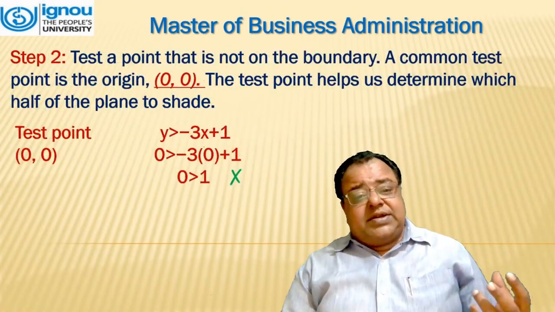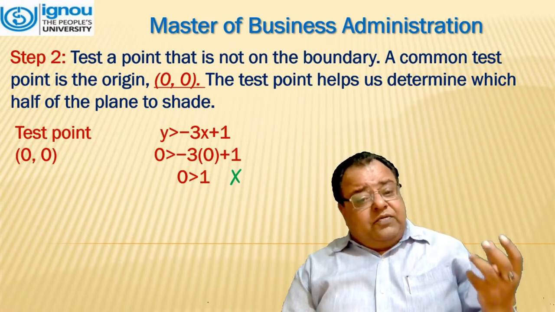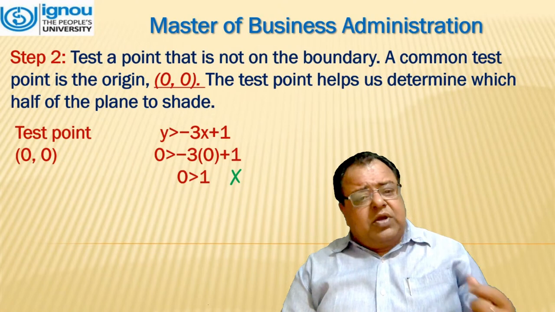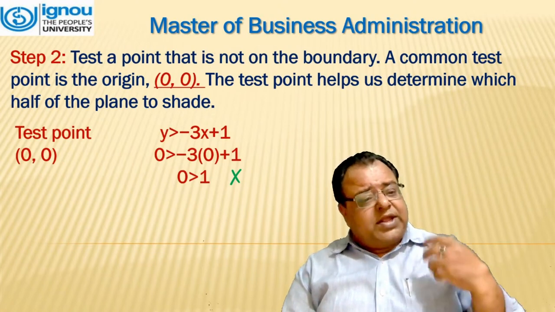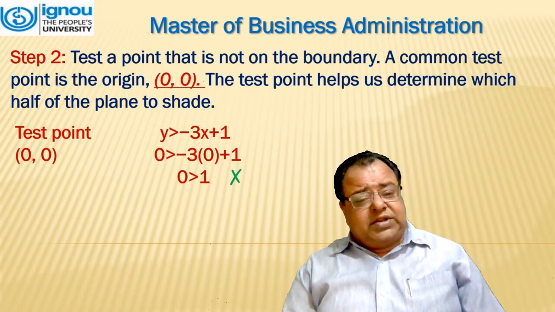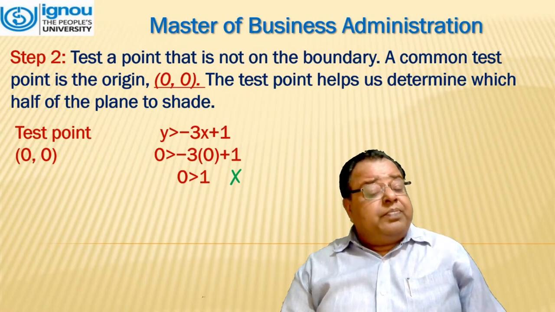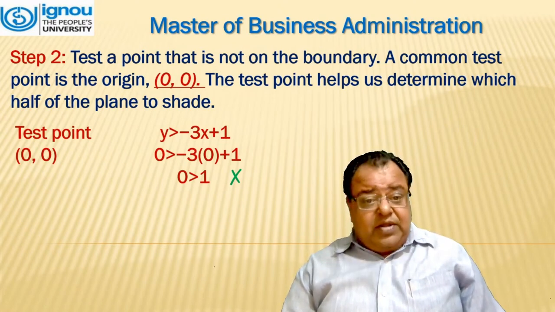Now, to test the feasible region for this equation, normally we put in the value 0 comma 0, that is the origin, in the equation. That means we will be replacing y with 0 and x with 0. We get 0 is greater than 1, but that is wrong.